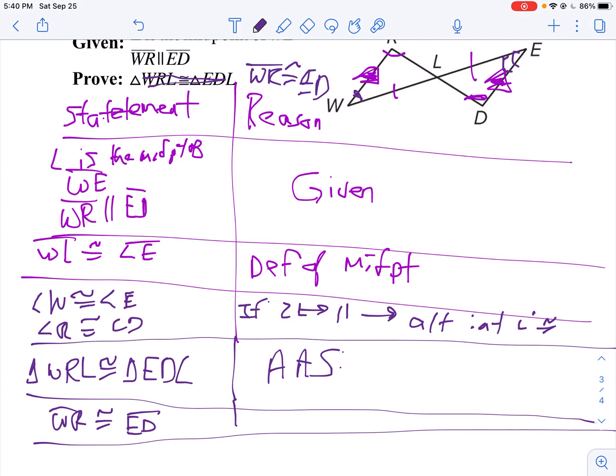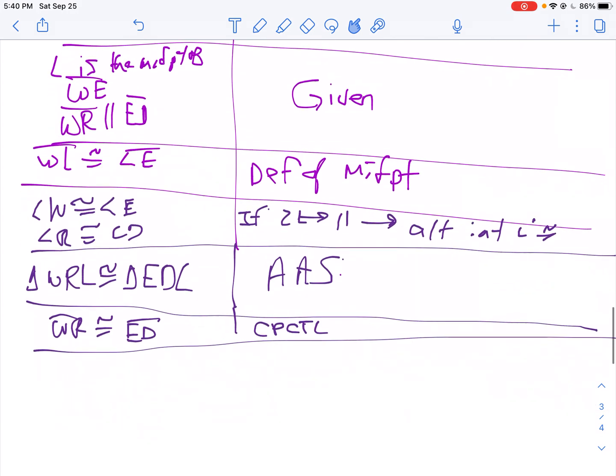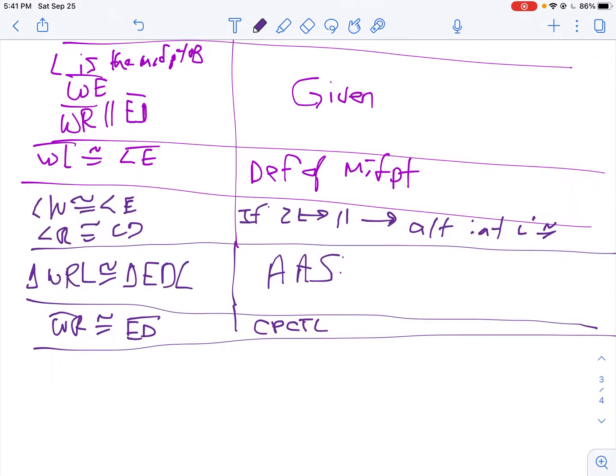But you're going to notice we like to use CPCTC because it's shorter. It's actually not shorter, but the abbreviation is shorter. What the heck does that stand for? It's a good question.